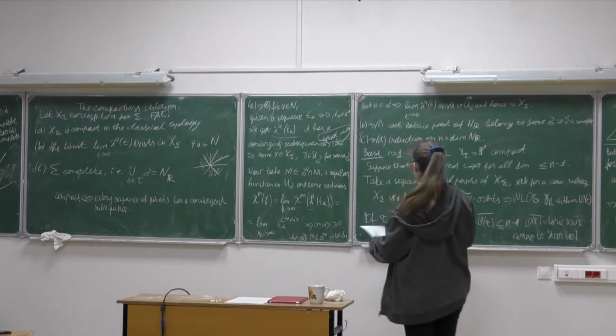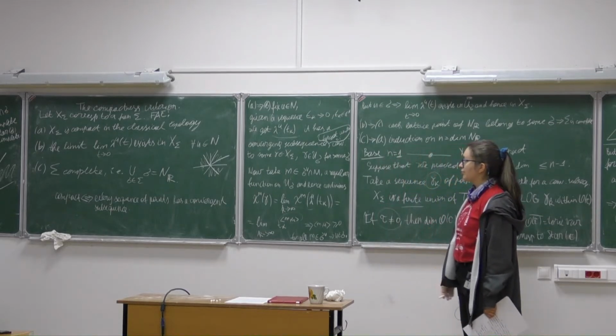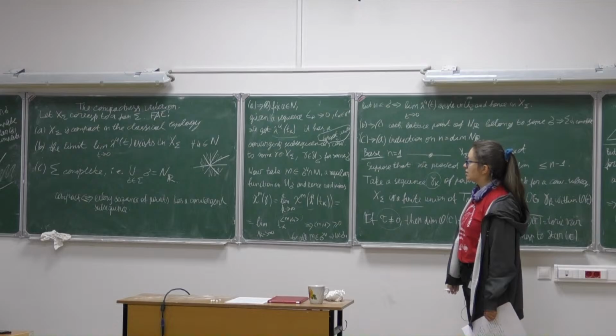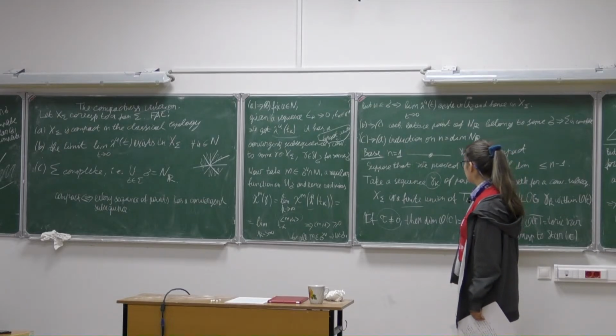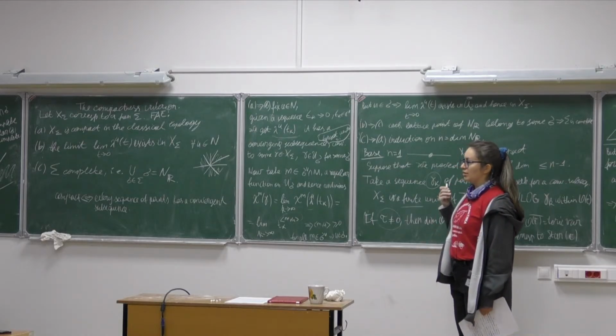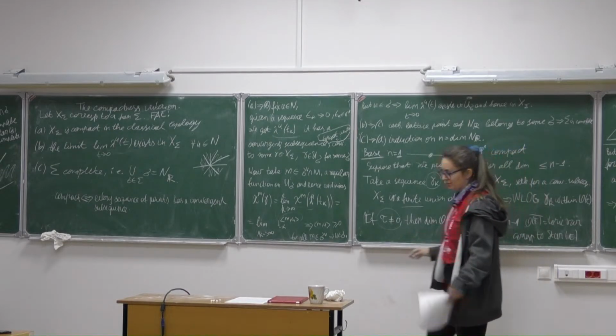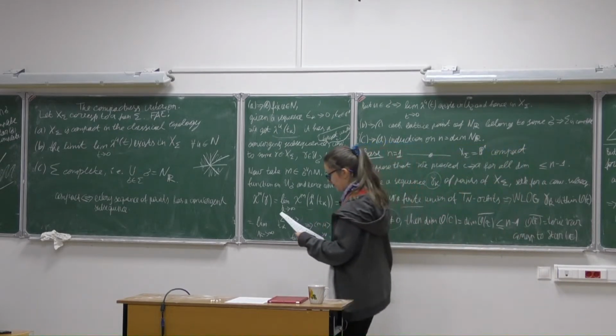So in this case, if tau is not the origin, we are done. And the only case which remains is when all points belong to the torus. Okay. Some more work.